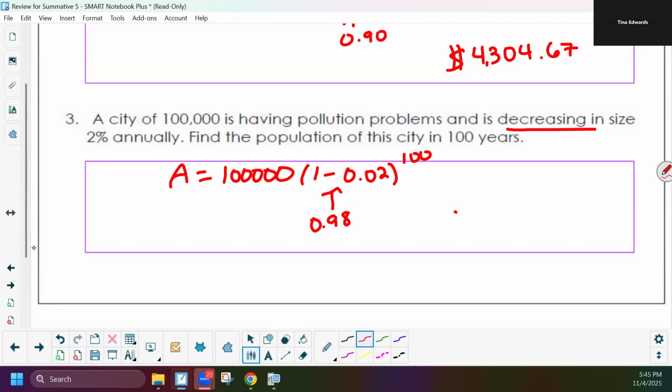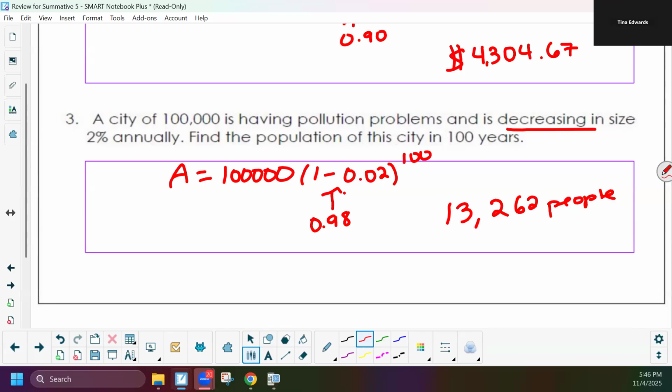And if you've done this correctly, your answer, whoops, we're not talking money here, we're talking people. It is a decimal, so I'm going to round it to the nearest person, which is 13,262 people. So in 100 years, they went from 100,000 people down to 13,262 people.